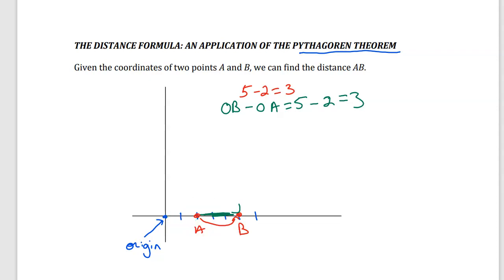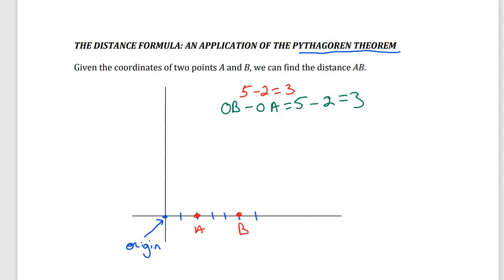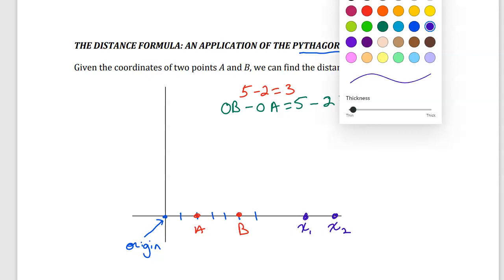So we know a few things about distance there. But what if I don't know the exact points? What if I just know that I have 2 points out here, x1 and x2? Okay, so I need to be more generic.